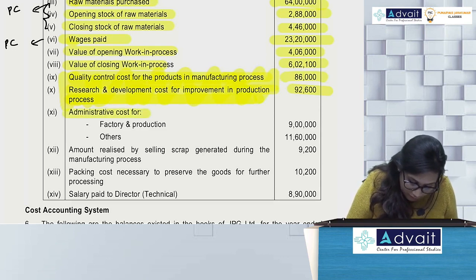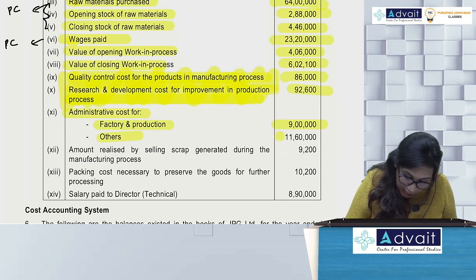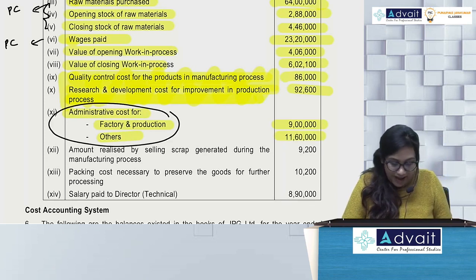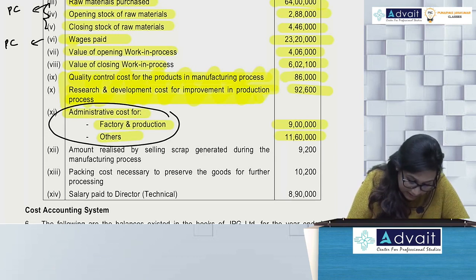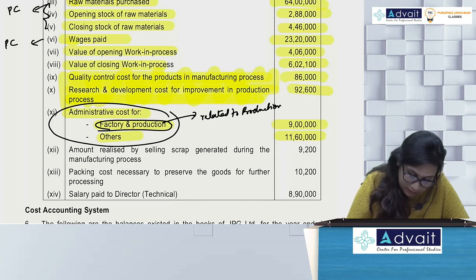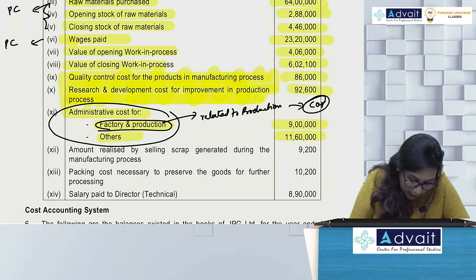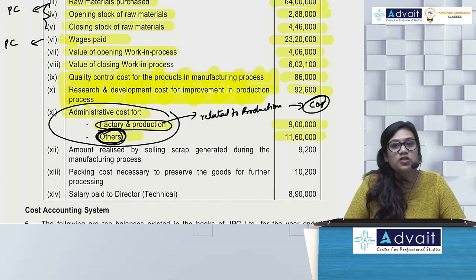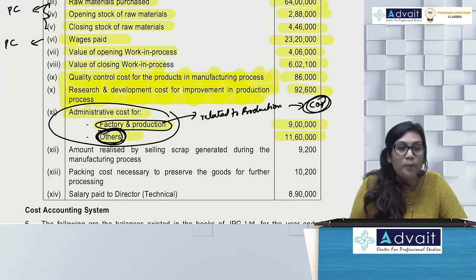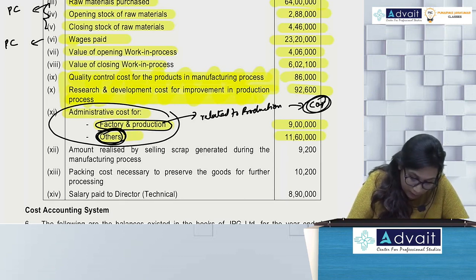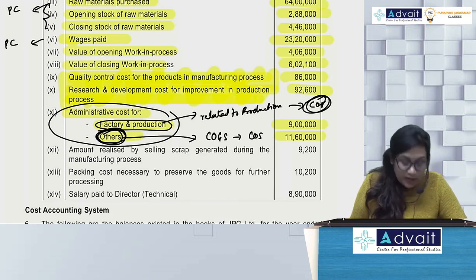Administrative cost for factory and production, others. Can you guys tell me what is the difference between factory and production and others? These costs were related to production, which means this will form part of cost of production. However, this administrative cost will not form part of cost of production, but it will be separately added to cost of goods sold to give me cost of sales.